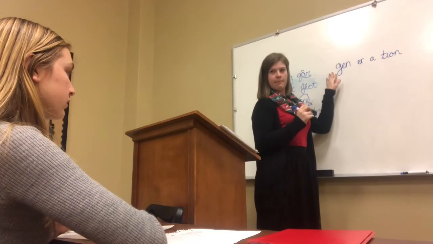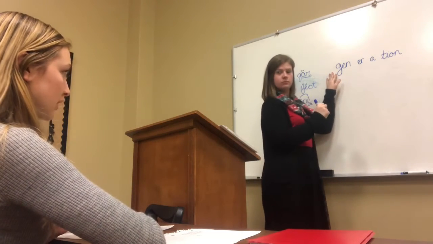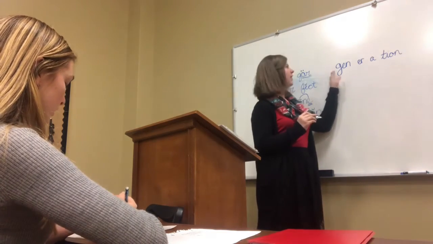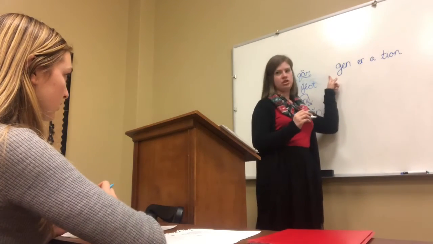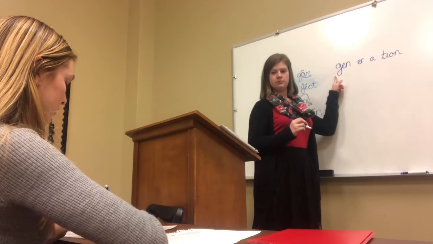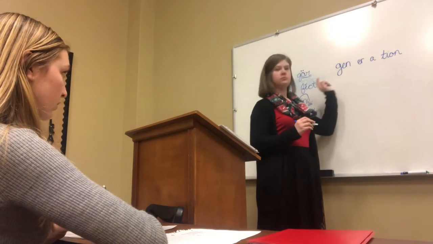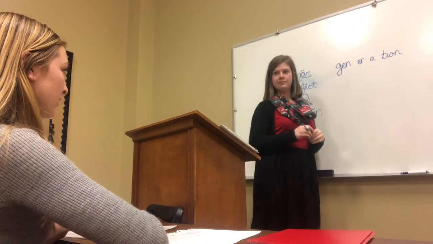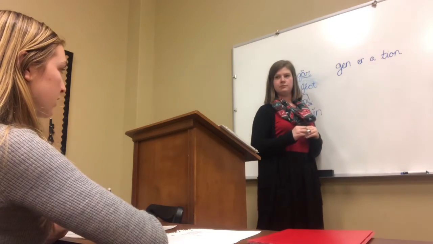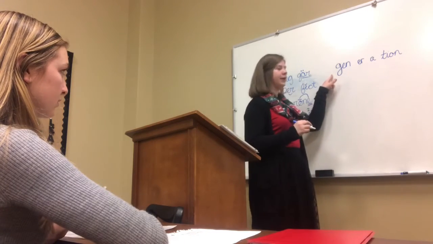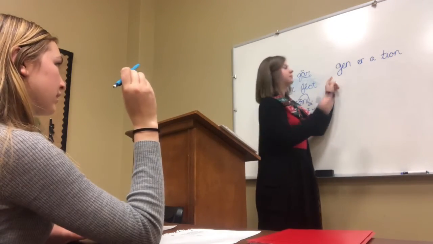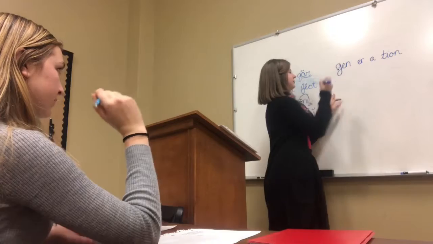So the j is making the second sound of g. Good job. So why is the g making the j sound here? Because of the C1 rule, which is C says s and G says j before E, I, or Y. Great job. So how do we code that since it has a pattern? Since it has a pattern, we do an underdot underneath the j. Great job. All right.